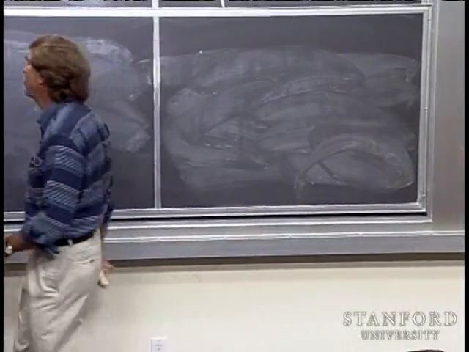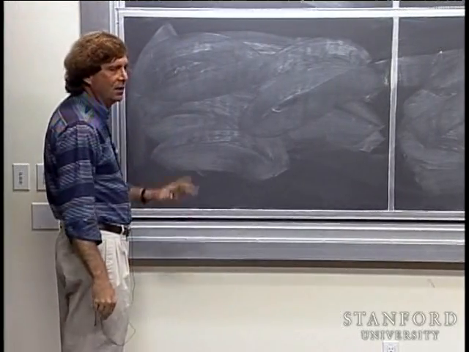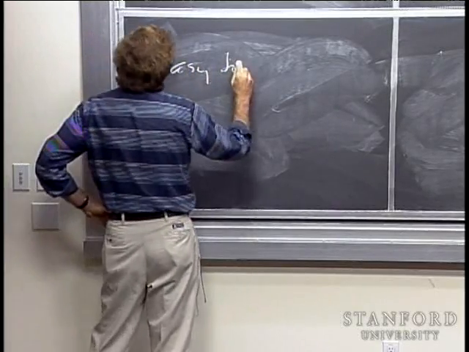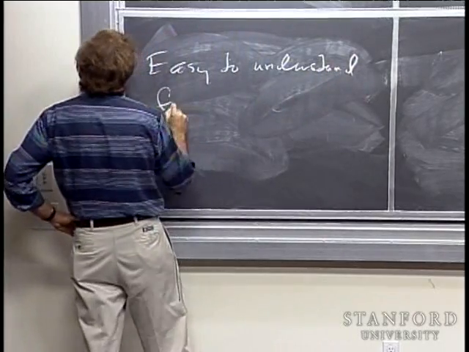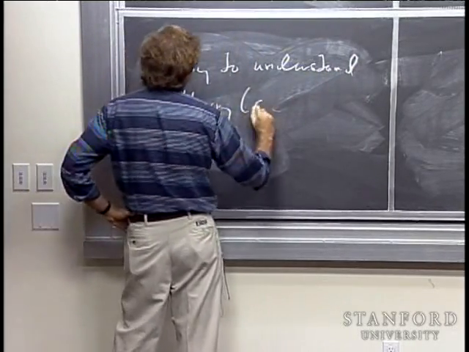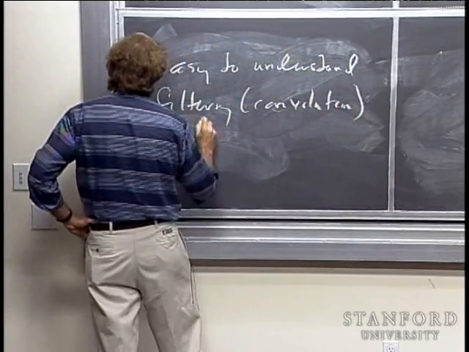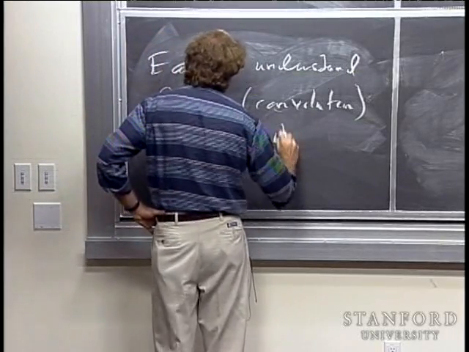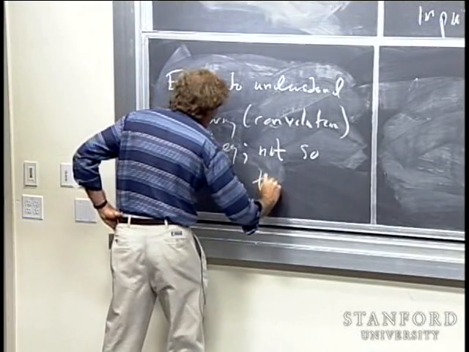All right, so of course, you can be more or less sophisticated, but at least at the level we've been talking about, which really covers the essential ideas, it's easy to understand filtering, or what you're trying to get at. That is to say, convolution in frequency. Not so easy in time.